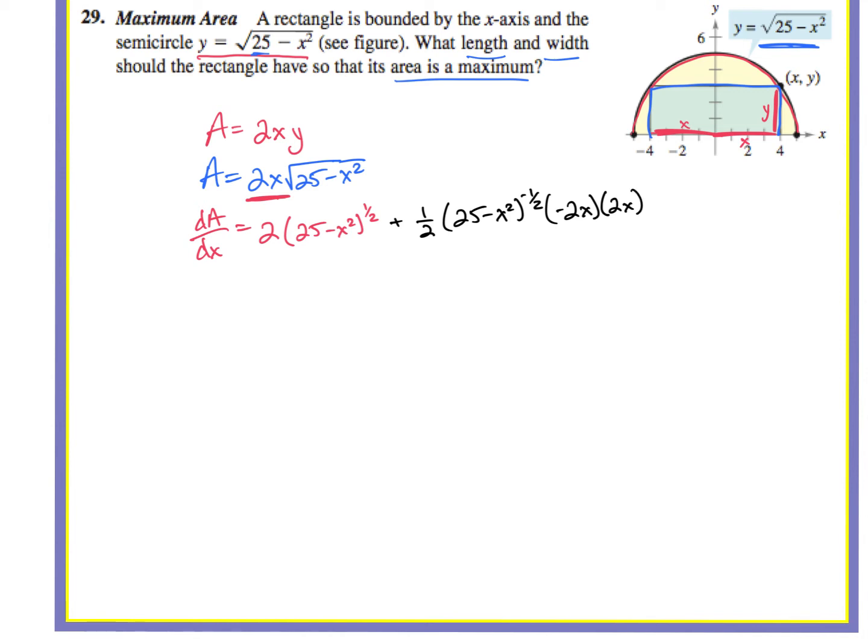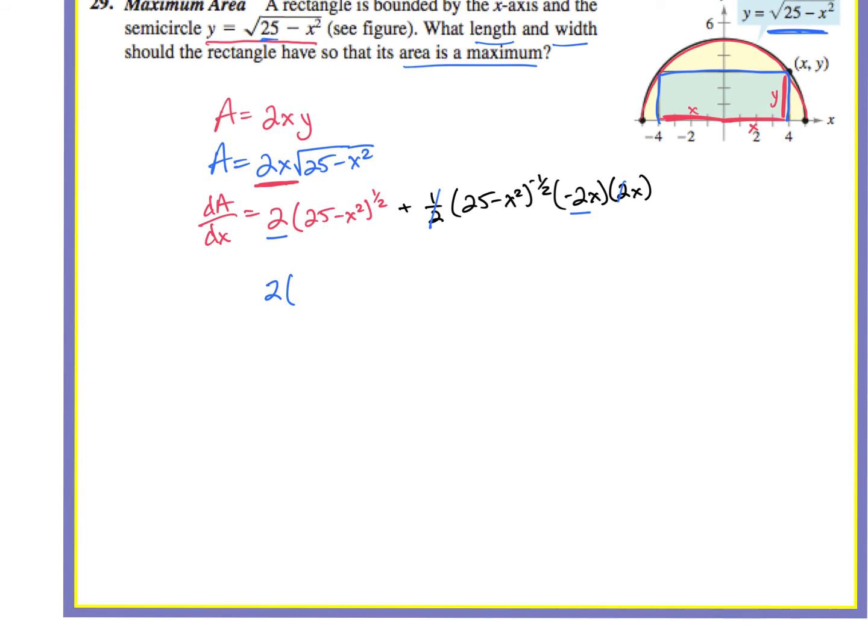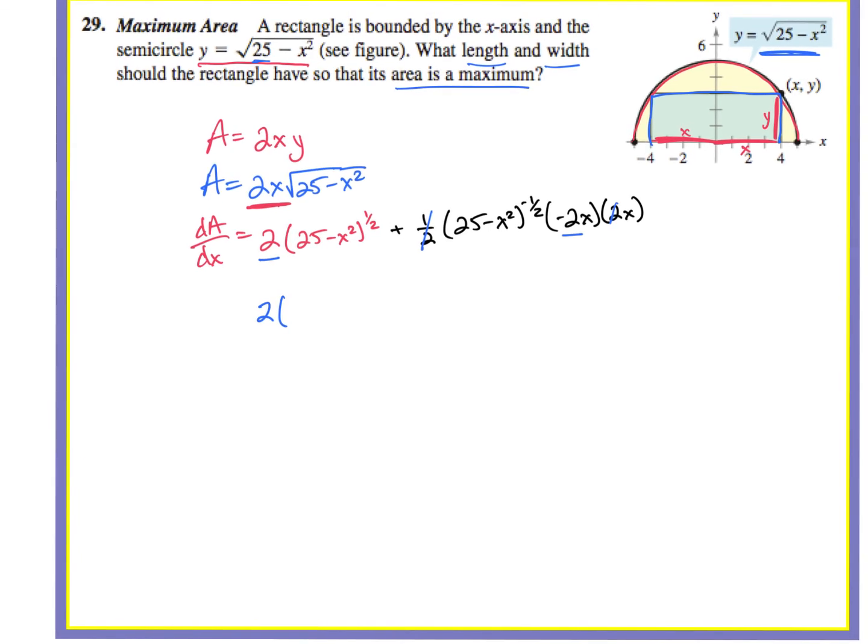So now we need to simplify this a little bit. This plays really nice because this 1/2 and the 2 cancel to go to 1. And then we have a 2 and we have a negative 2, so I'm going to factor out a 2. And then we're going to factor out the least power, so I factor out (25 minus x squared) to the negative 1/2.